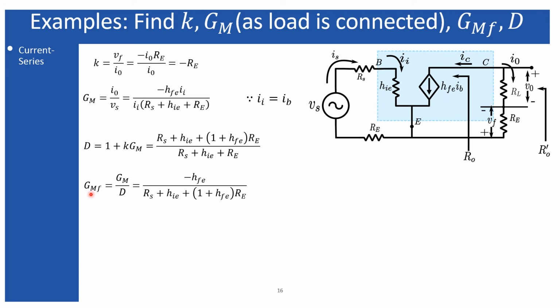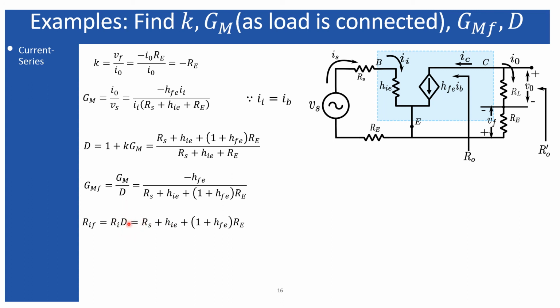Now GMF, which is the closed loop with load transconductance gain, is obtained by dividing this open loop gain by the desensitivity factor, and I have obtained this one. Input impedance, since it is also a series type mixing, will be increased by the desensitivity factor.